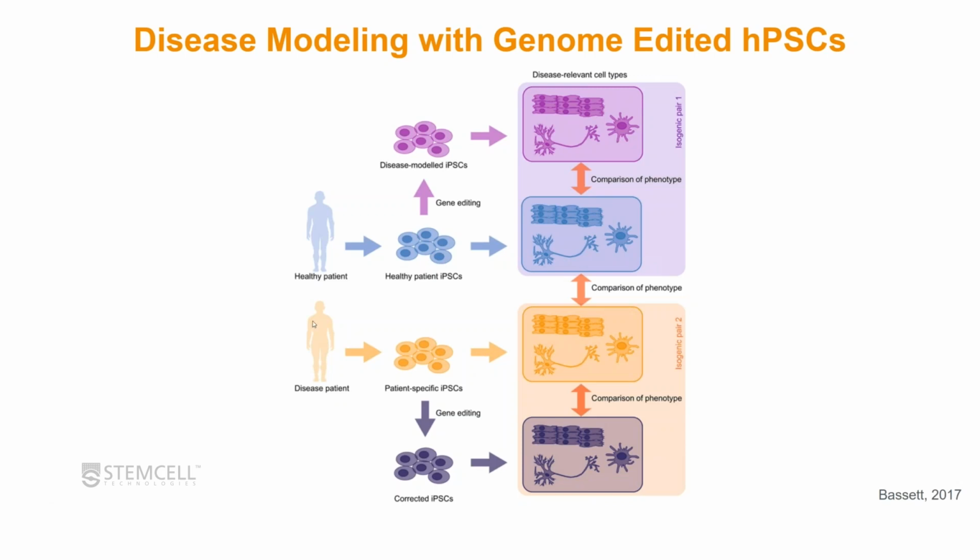Alternatively, or in parallel, you can take patient-specific iPS cells, edit them to correct the mutation, and then again compare the phenotype. And so this overcomes a lot of the variability that's associated with pluripotent stem cells from different donors. And this allows you really strong models of disease, especially when you can differentiate these cells into cell types that are not readily accessible, like neurons or cardiomyocytes.